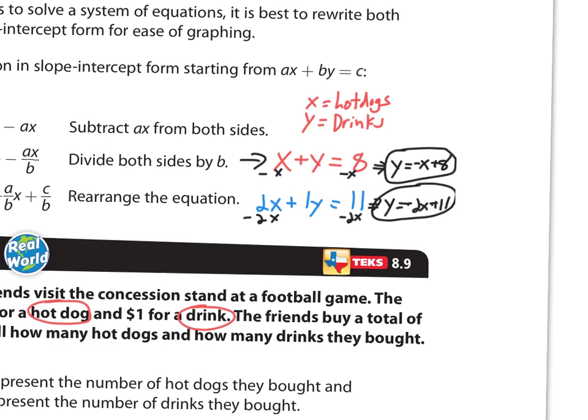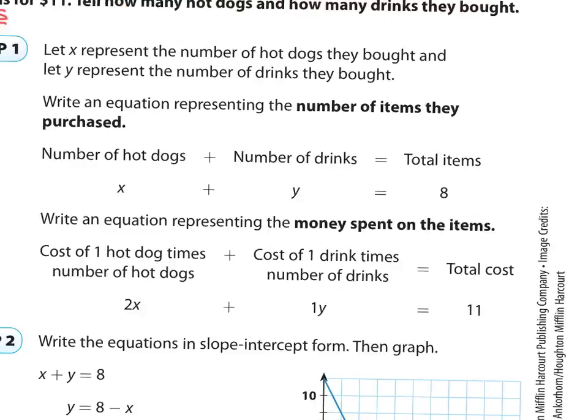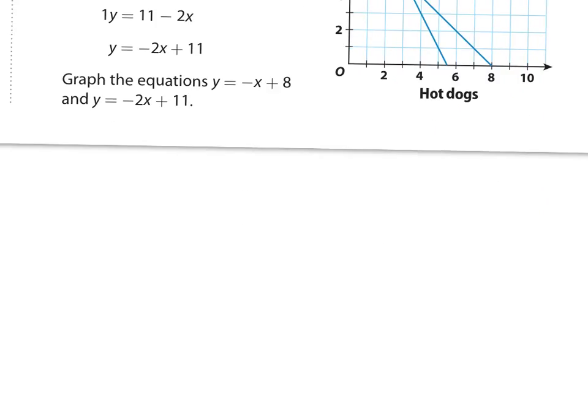And you get that x is 3 and y is 5. So how many hot dogs were there? 3 hot dogs. And how many drinks? 5 drinks. There we go. That makes sense. I was going to say, why would somebody order 5 drinks but 3 hot dogs?